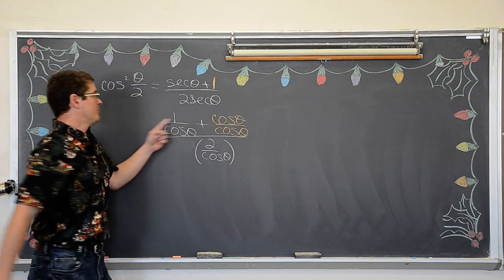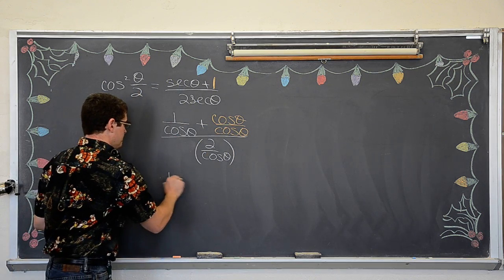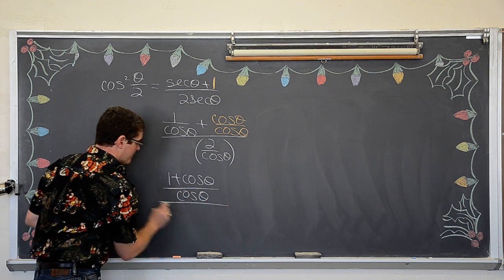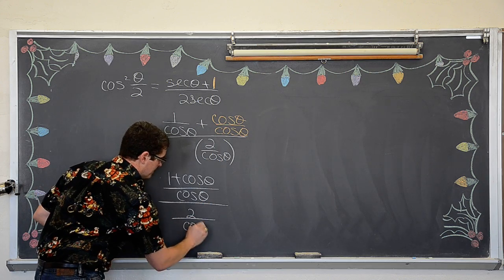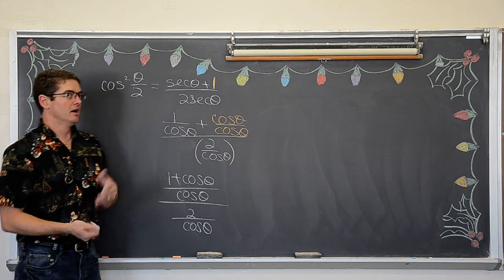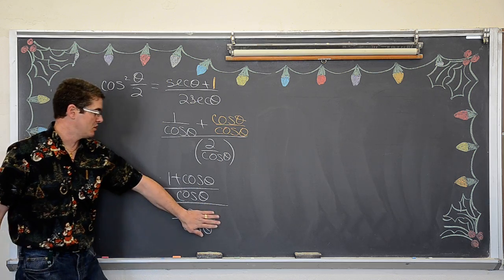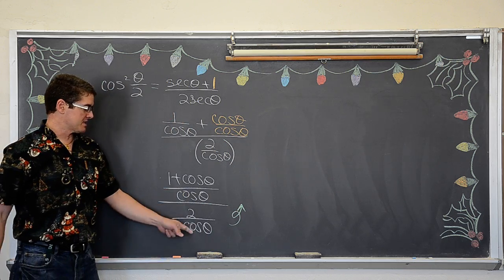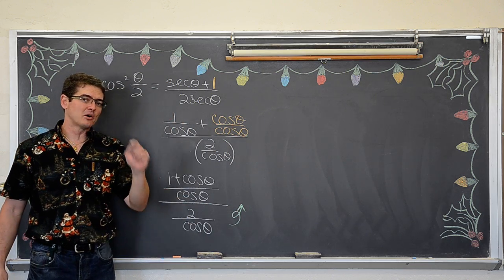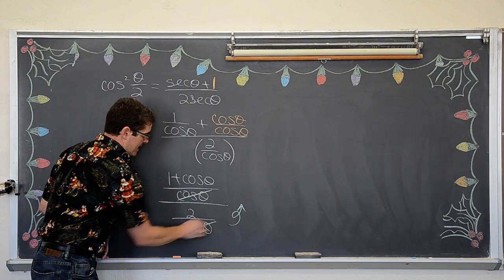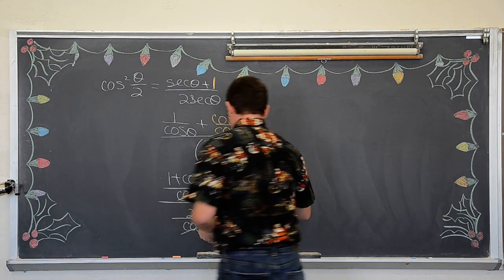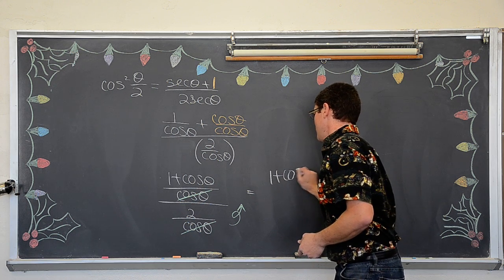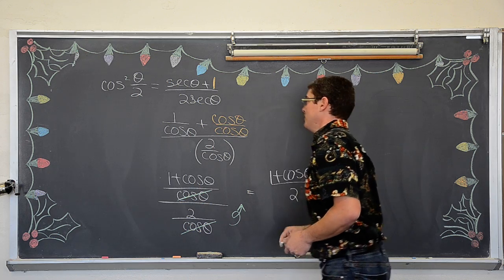I'm going to put the top together and get 1 plus cosine theta over cosine theta, over 2 over cosine theta. And anytime, again, you have one fraction over one fraction, you want to flip that bottom up to the top. Now again, anytime your denominators are an exact perfect match, they're just going to cancel out. And so we have 1 plus the cosine of theta over 2.